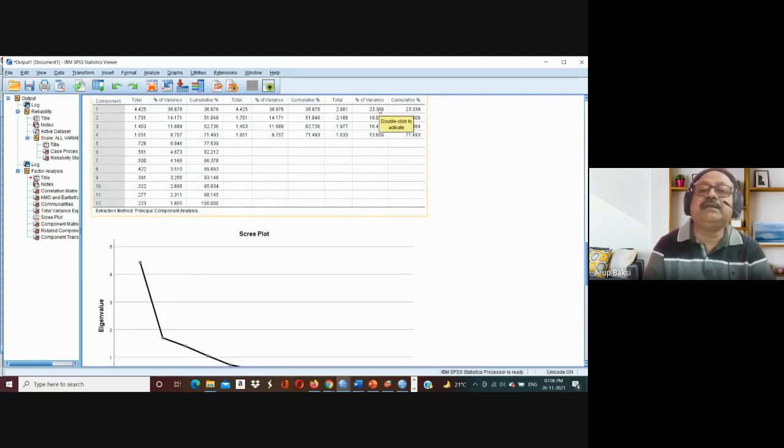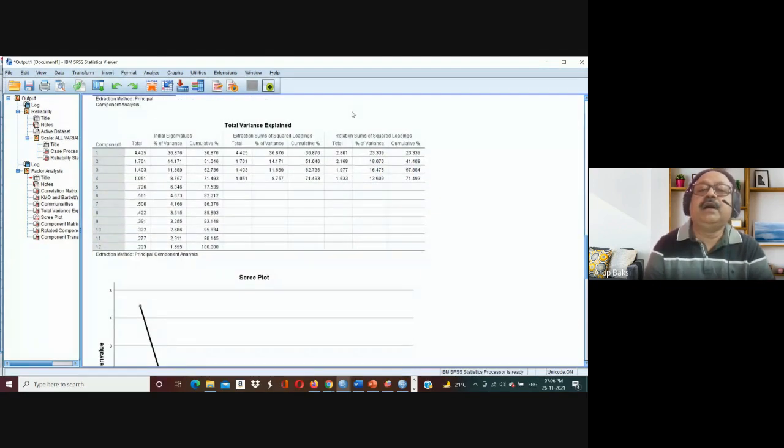What is the back-end calculation of getting these rotation sums of squared loadings, the percentage of the variance, and how do I get this cumulative variance? Cumulative variance, you can easily understand, is the individual variance summated at every row level. So 23 plus 18, you get 41, then 41 plus 16, you get 57, 57 plus 13, you get 71 point something. So cumulative, is it understood?